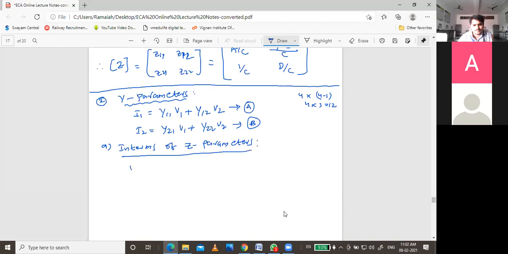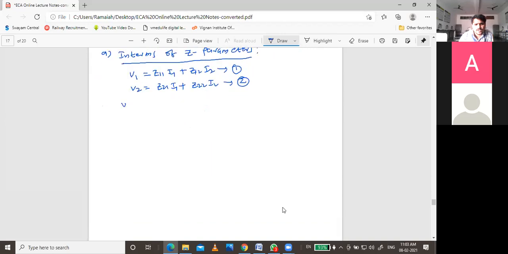First write down the equations. V1 equal to Z11 I1 plus Z12 I2, equation number 1. V2 equal to Z21 I1 plus Z22 I2, equation number 2. Therefore, this can be written as the matrix V1, V2 equal to Z11, Z12, Z21, Z22 into I1, I2.